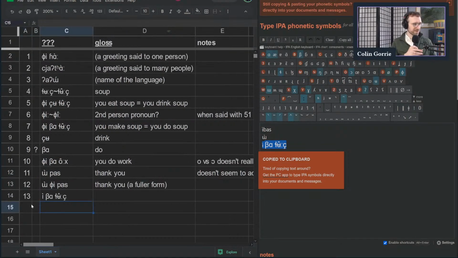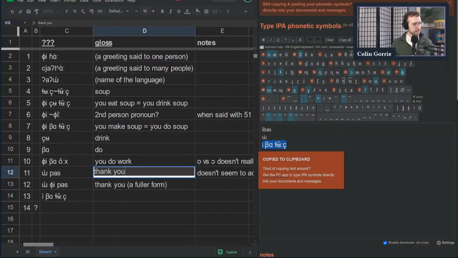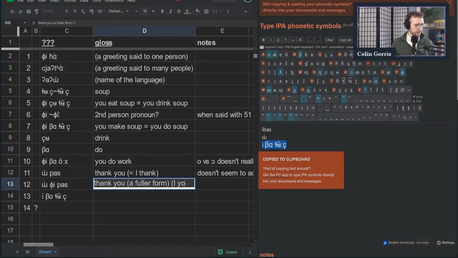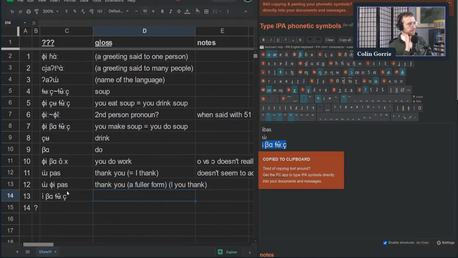Okay, so now we have something that is no longer a hypothesis, something that we can ask questions about, which is this word. I think, you think. Interesting. All right.